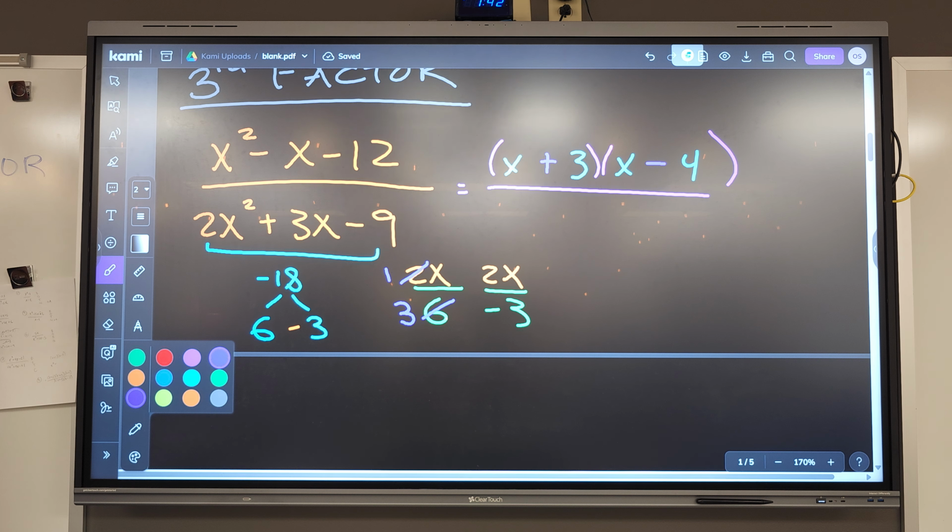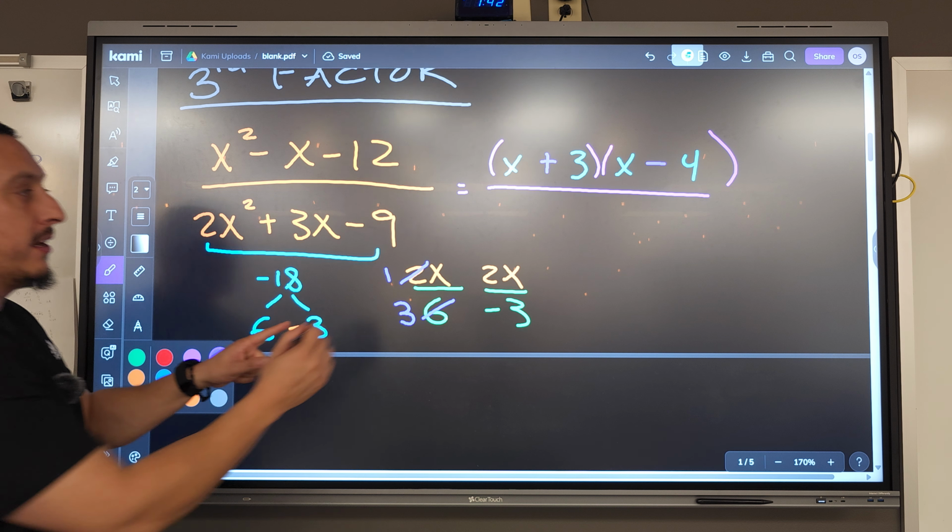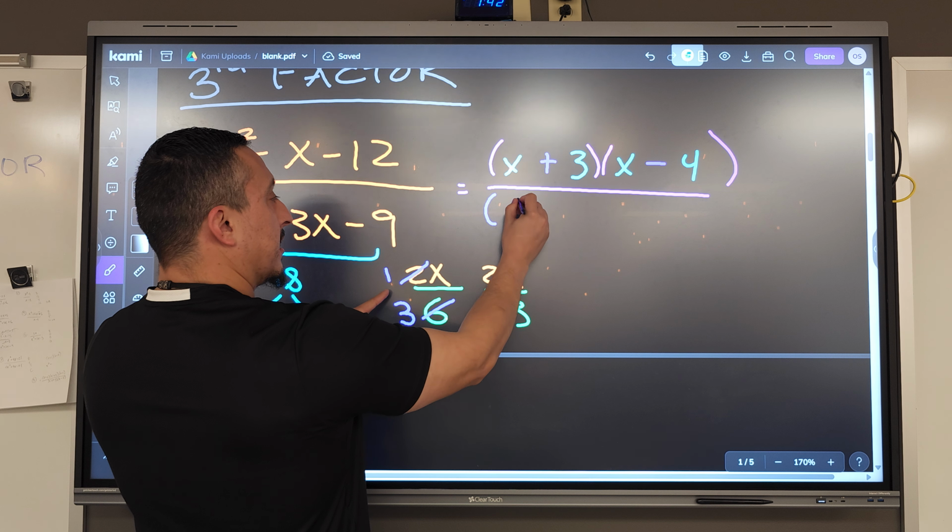Right, 6 divided by 2 is 3, and 2 divided by 2 is 1. And so here's how this answer translates: x plus 3, and then this one's 2x minus 3. That was the only reason I said this one was harder, because of this factoring. So if you're good with that factoring, then we're good. Okay, any questions up to this point?